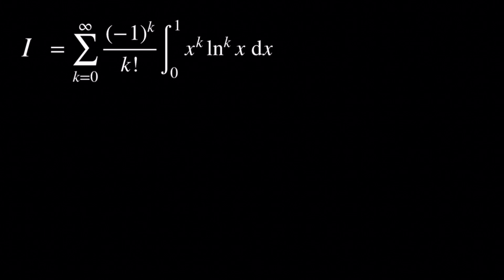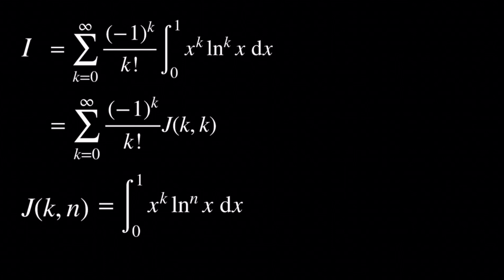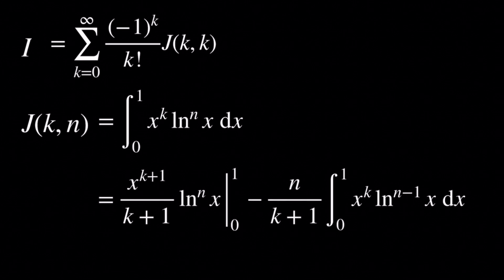Now we're going to call this integral J of k, n, where J of k, n is the integral from 0 to 1 of x to the k times natural log of x to the n dx. So we're going to compute J of k, n.